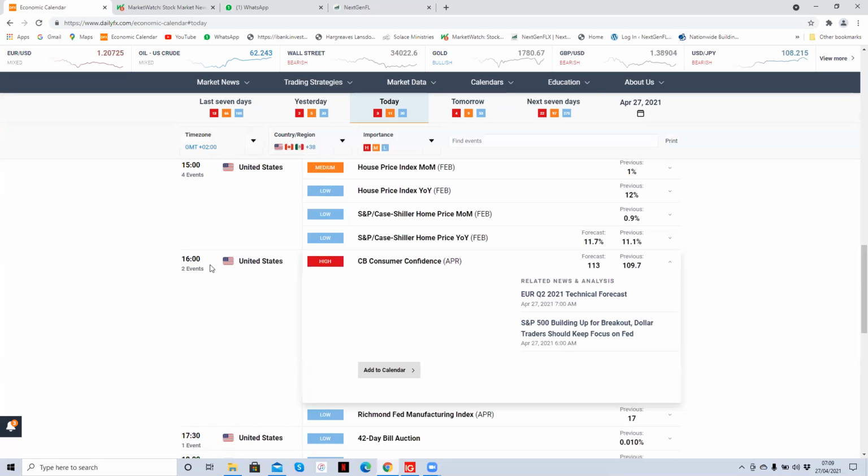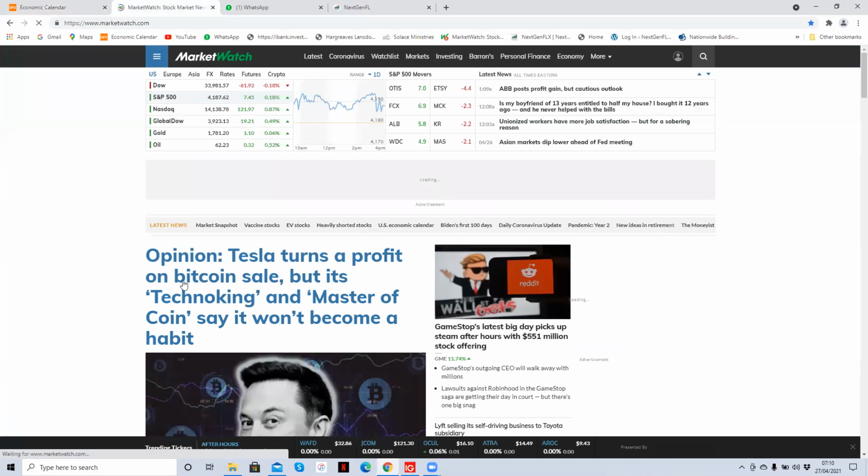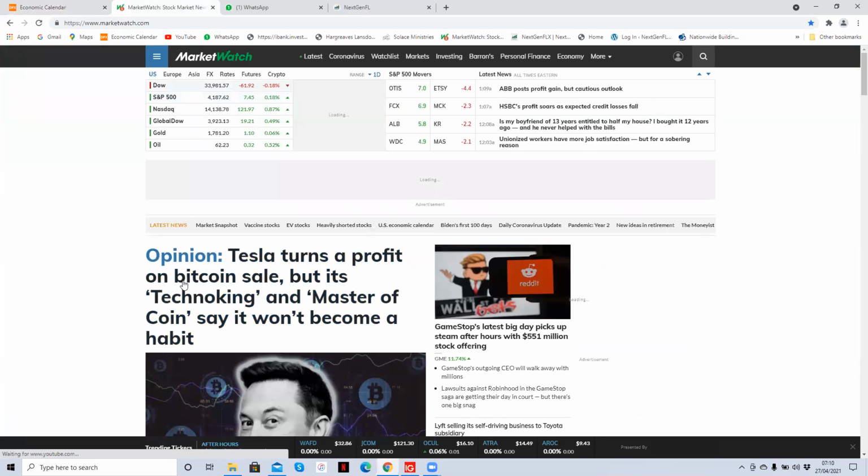We're just going to have one live attempt, and that will be around 4 o'clock when the US CB Consumer Confidence Report comes out. You also want to keep an eye on Market Watch to see if there's anything that could be creating uncertainty in the global markets.